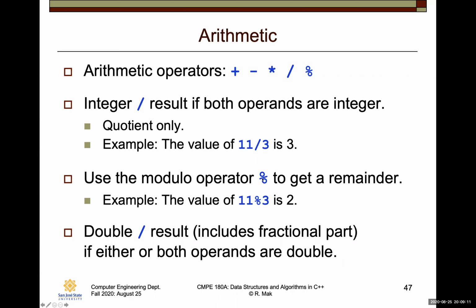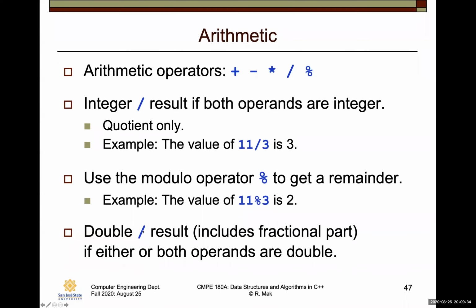This is the modulo operator. It only works with integers, and it basically gives you the remainder of a division. So here, 11 divided by 3 is 3 with the remainder of 2, and the answer to 11 mod 3 is 2, okay?